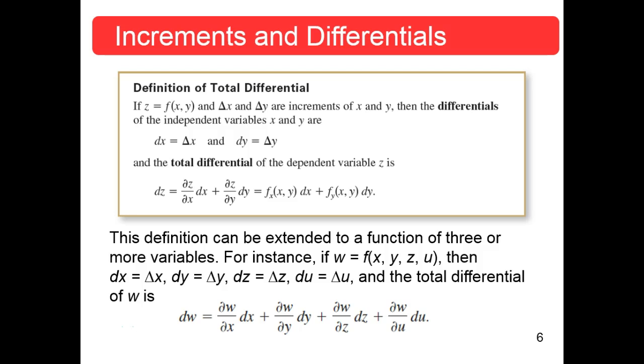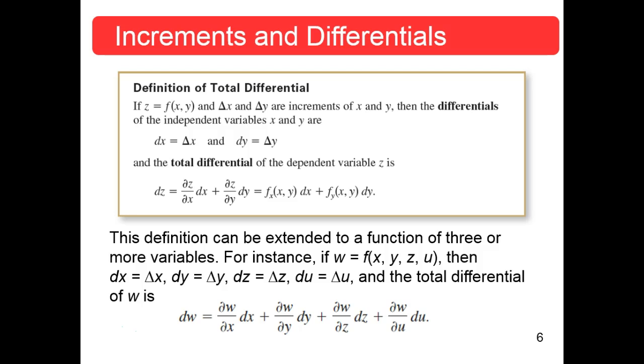This is a dx now, just like this was. This is the partial of z with respect to y times dy, which the other way to say it was f sub y. Remember, f and z are the same, right? So it's the partial of f with respect to x dx plus the partial of f with respect to y dy.